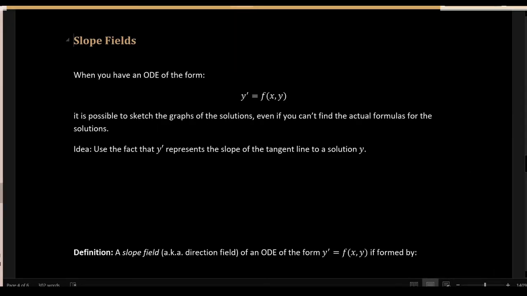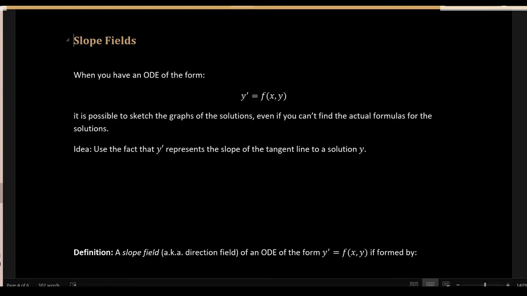Now, as we've noted, actually finding a solution to an ODE from scratch can be a little bit difficult. But in certain special situations, it's possible to actually construct the graph of a solution to an ODE, even if you don't know the actual formula for the solution. So when can we use this technique? When can we graph solutions, even if we don't know the formula for a solution to an ODE?